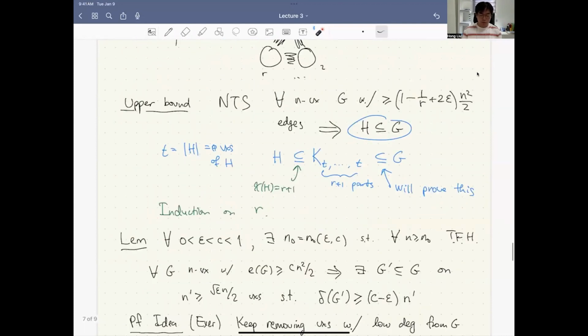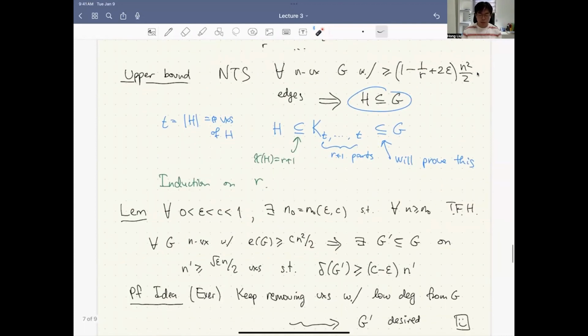For the upper bound, let's quickly recap what we did. We first pass from a graph G to a subgraph where we can boost its minimum degree. So we replace the average degree by a minimum degree condition by losing a little bit of error term. But this is not a big issue because we start with a little bit of surplus.